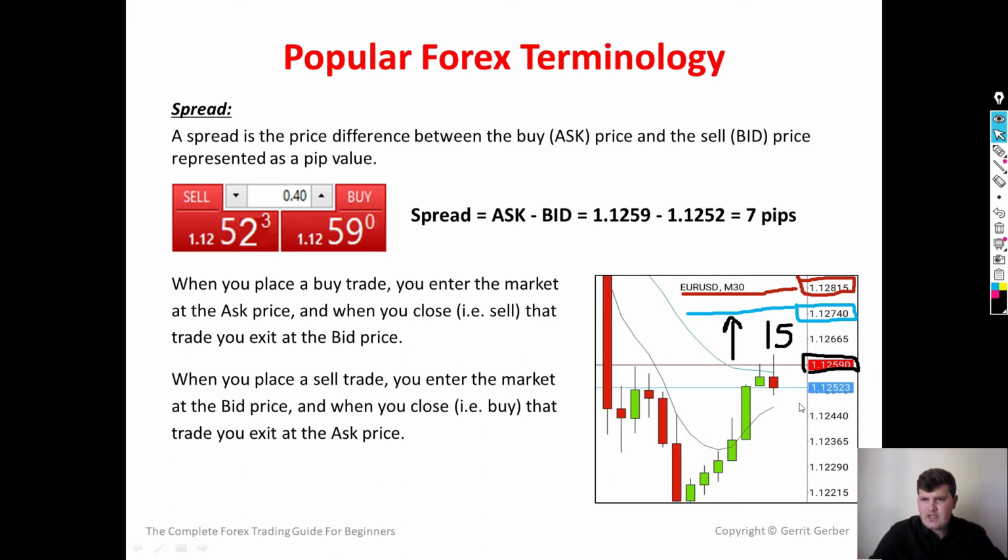So if we continue lower, you put a sell entry at the bid price of 1.12523, and then when the price moves lower, the new bid price becomes 1.12215, and the new ask price or buy price becomes something like this.